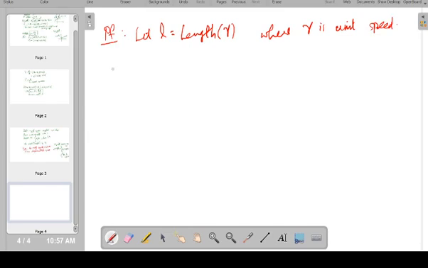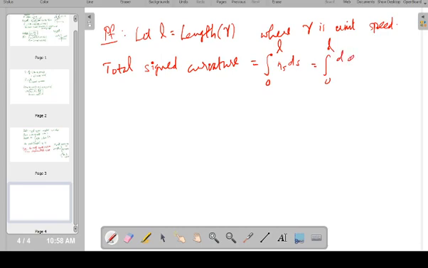What I have to show? Total signed curvature is an integral multiple of 2 pi. So total signed curvature by definition is equal to the integral 0 to this length L of kappa s ds, but kappa s is d phi by ds, where phi is the turning angle, right?